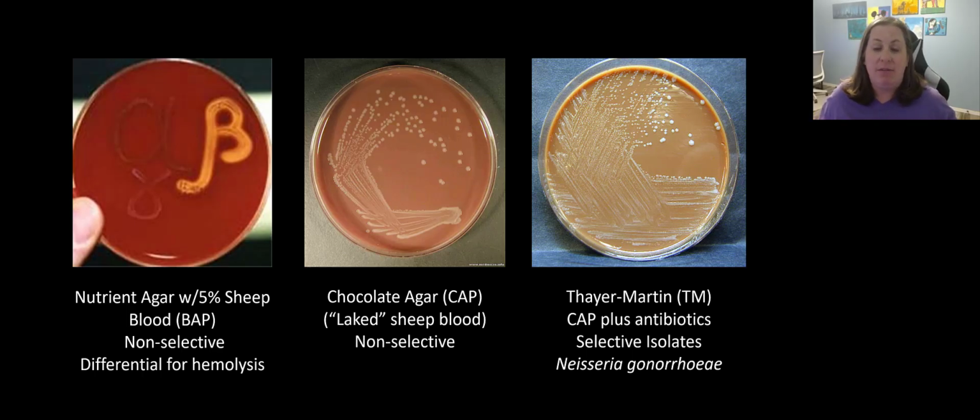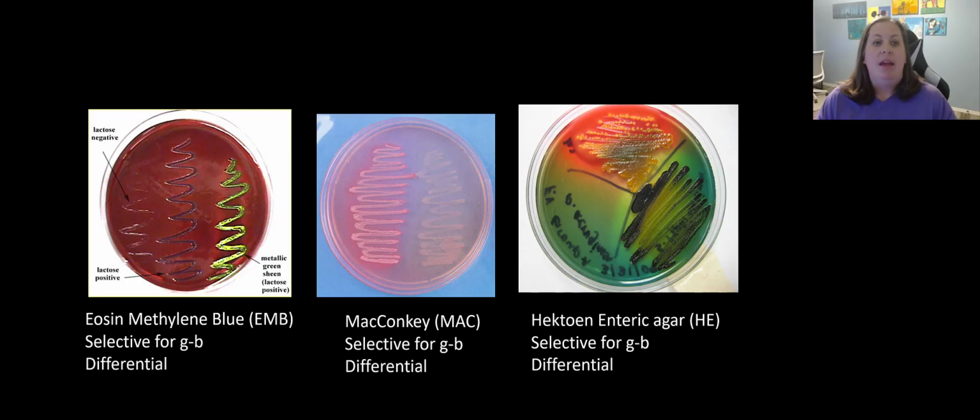Some other examples are here. This is the eosin methylene blue or EMB. It's selective for gram-negative bacillus species specifically, and it is differential because you can see they grow in different colors. Each one of these is a different type of bacteria. Some grow green, some grow purple, some grow more clear.